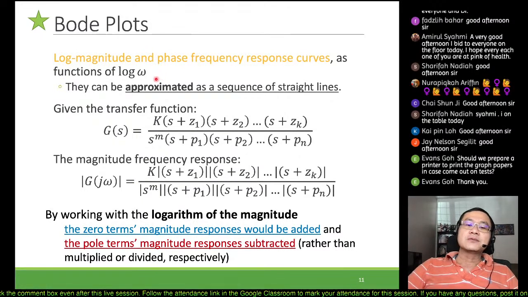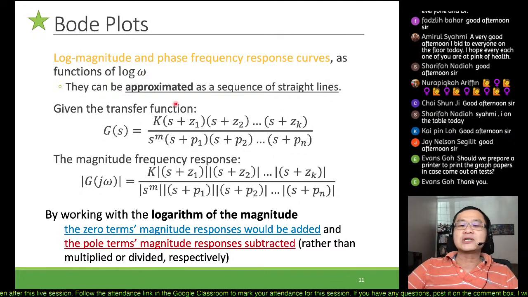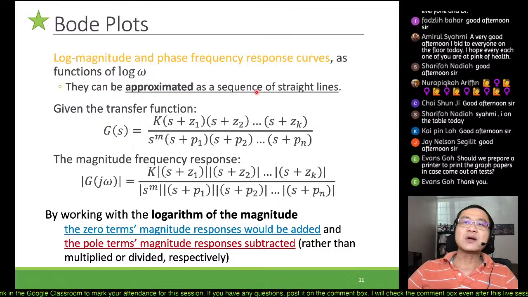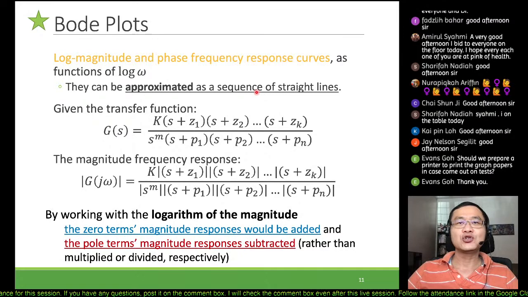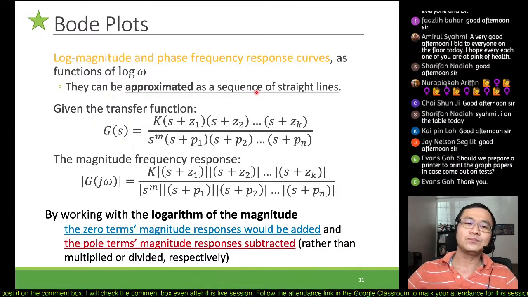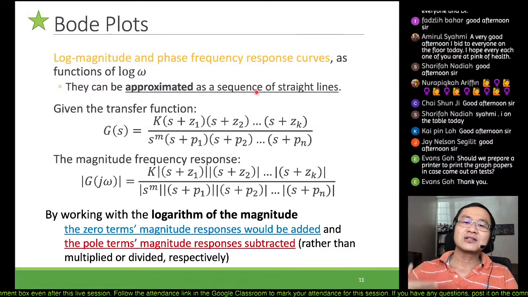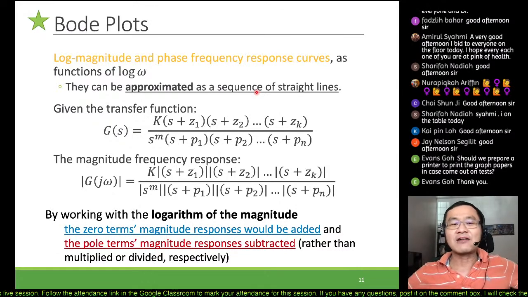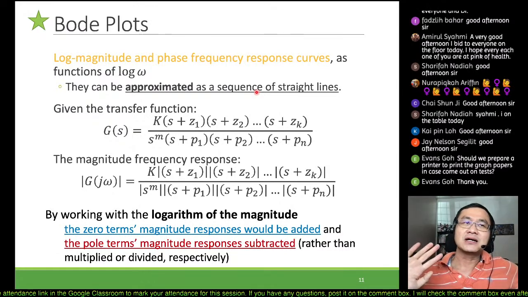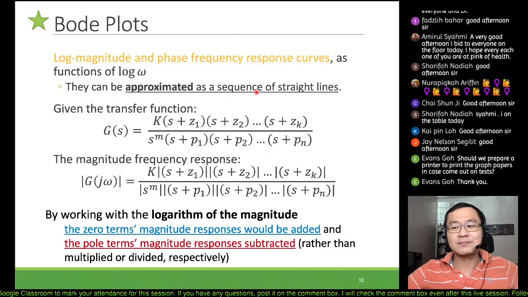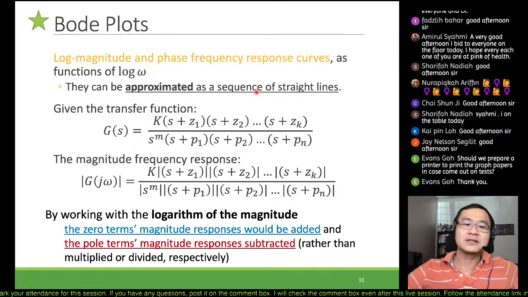Usually we just plot it using an approximated sequence of straight lines. Since it is using straight lines, you can easily use straight lines in your computer to add to the existing graph paper, to append on the graph paper itself, in order for you to plot it out later on.